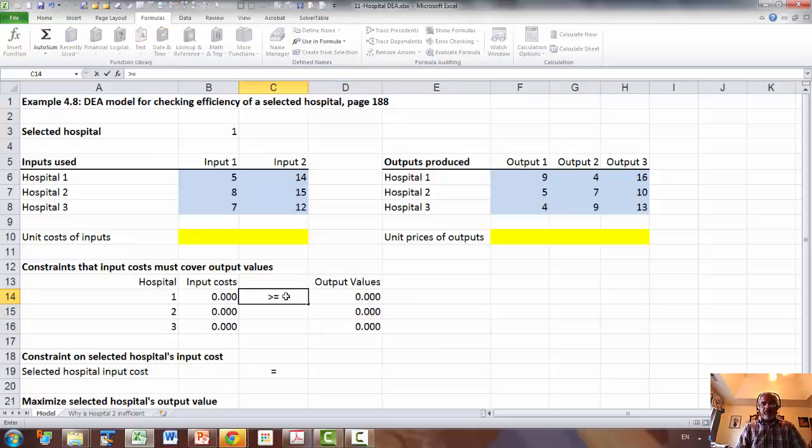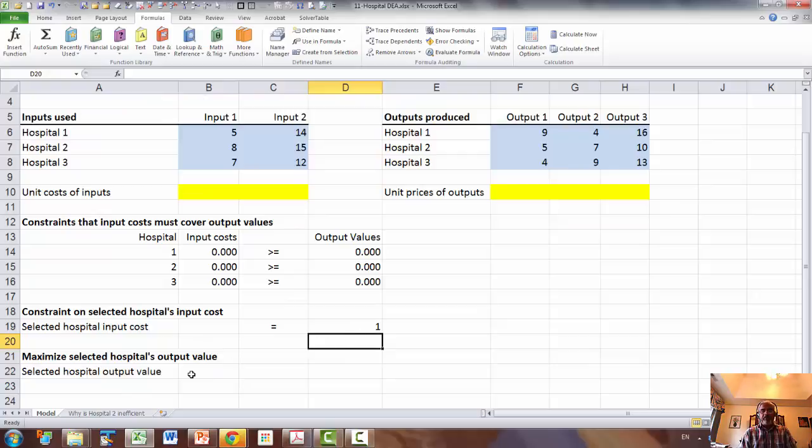Now for our purposes, the input valuation must be greater than output valuation. Now we need to set the input cost for the selected company or selected hospital to 1. Okay, so that way, if the input is 1 and the output is 1, then that's the most efficient operation. Okay, if the output is less than 1, then we know that it could operate in a better way. So the efficiency is less than optimal.